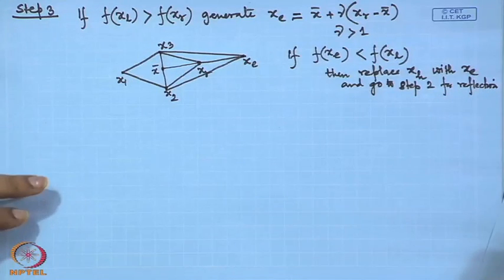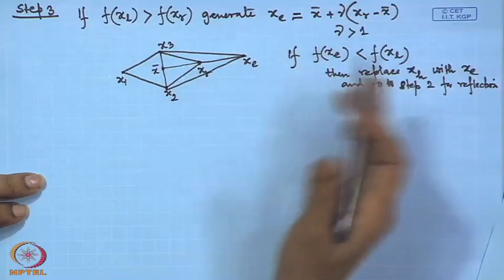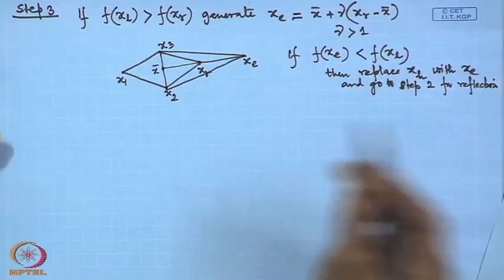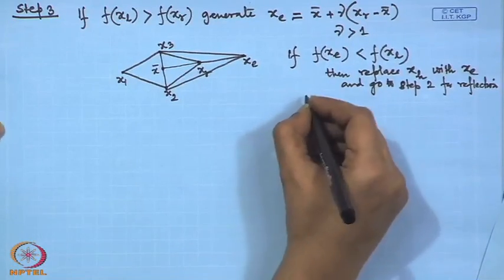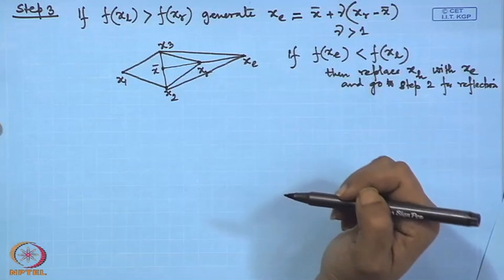Because we want another improvement, again we will go for reflection, again we will expand it and we will go to the better and better alternative. But if the case is otherwise, then we will move to the next stage.